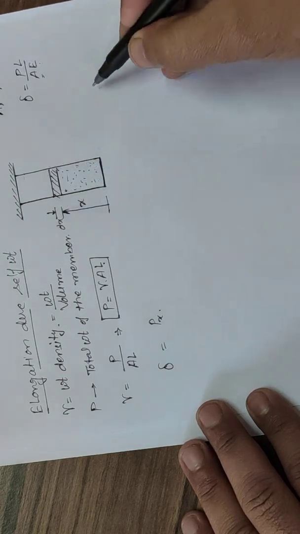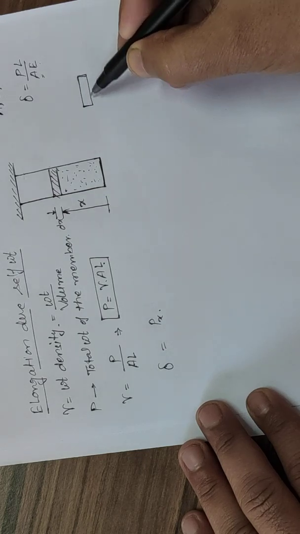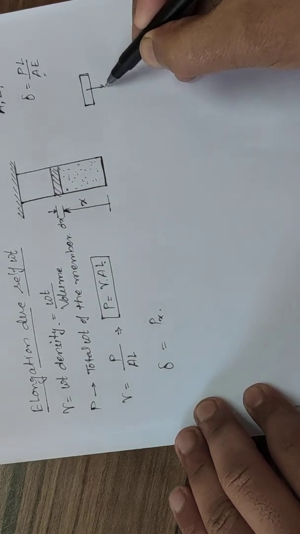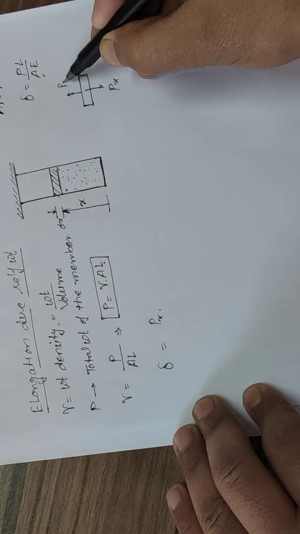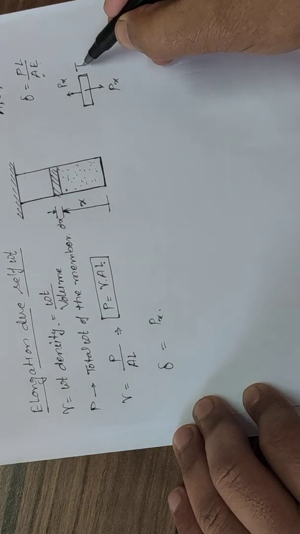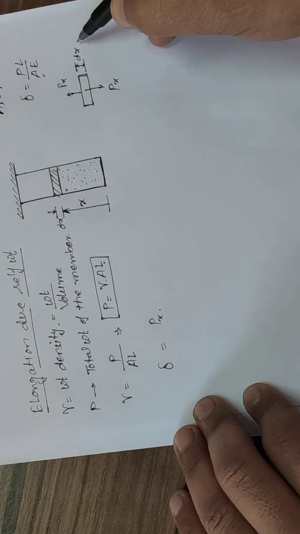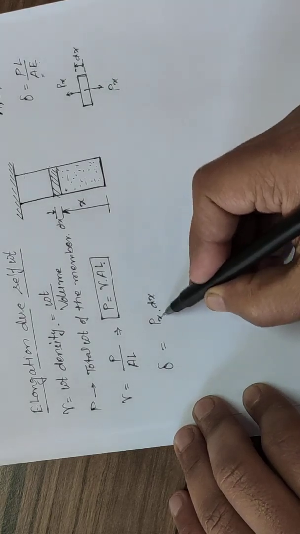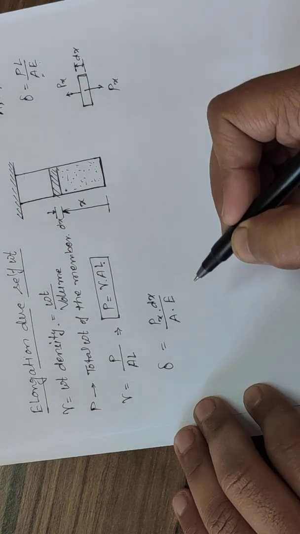Taking this member only, the weight Px acts downward, and because of the equilibrium condition, the upward force is also Px. Now the same way we calculate the elongation of this strip: PL, where L means dx, divided by A, which is constant, and E, a material property, which is constant.